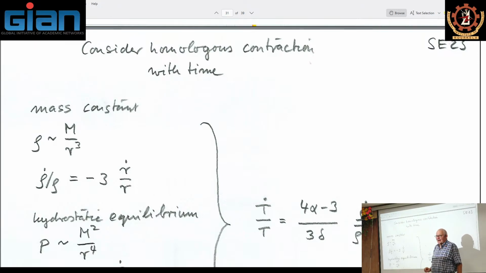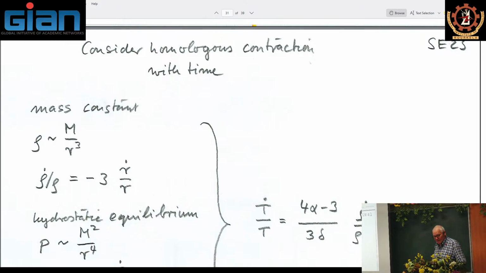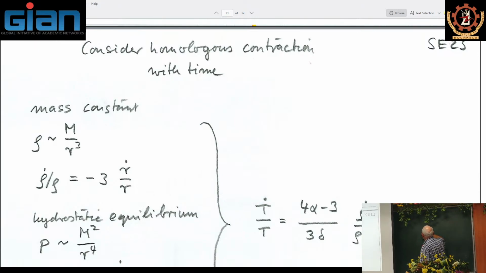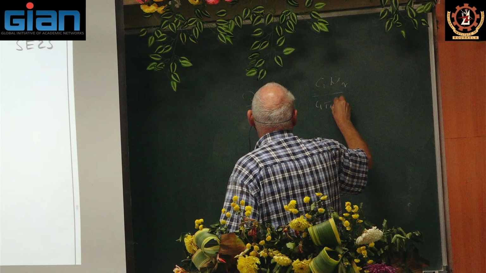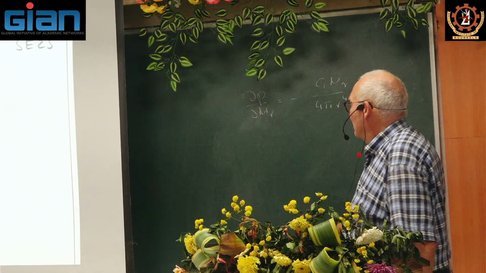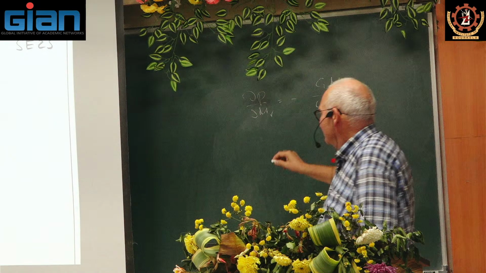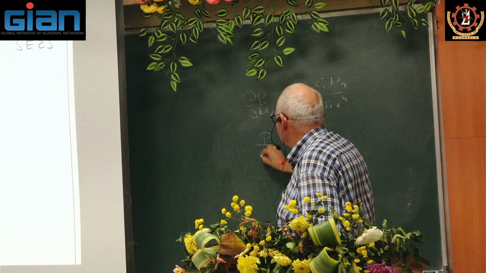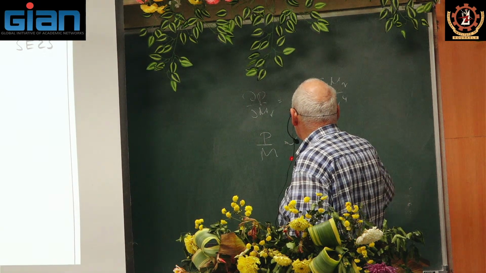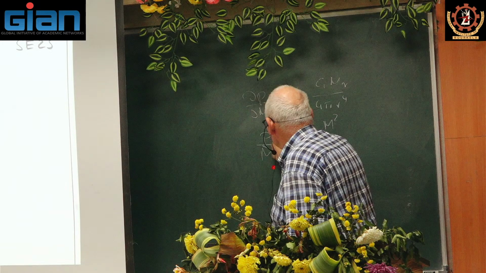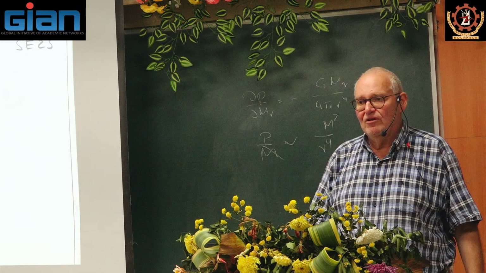Well, we do the same for hydrostatic equilibrium, estimated the usual way. We have hydrostatic equilibrium, dP by dm_r is minus G m_r over 4 pi times the radius to the fourth. Now we estimate it in a very crude way. This is pressure over mass proportional to m over r to the fourth, or pressure is proportional to mass squared over r to the fourth.